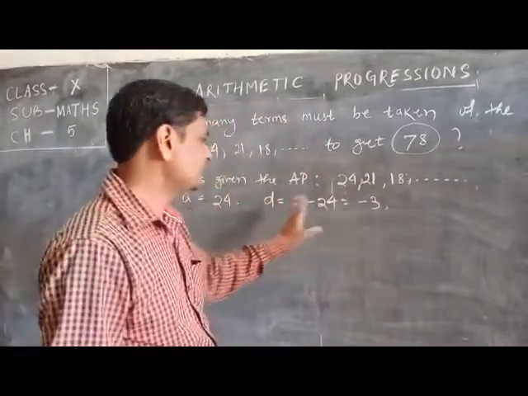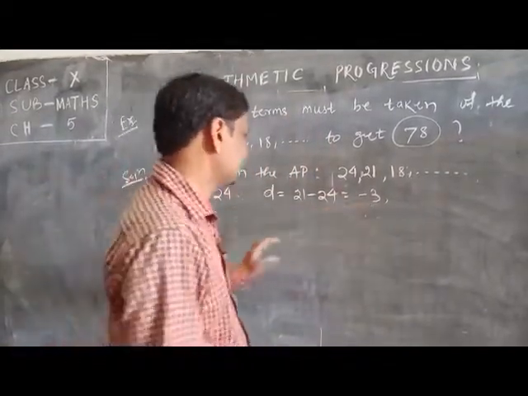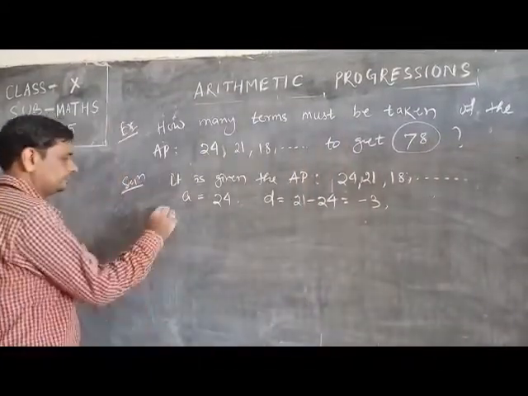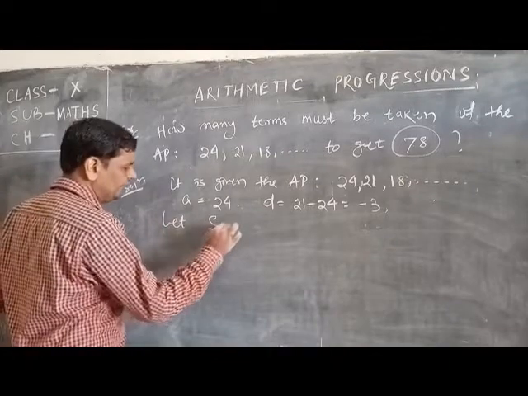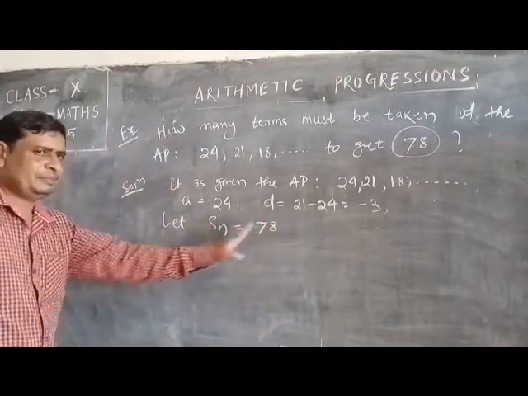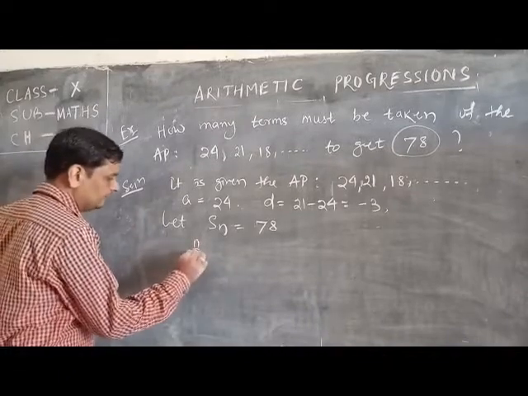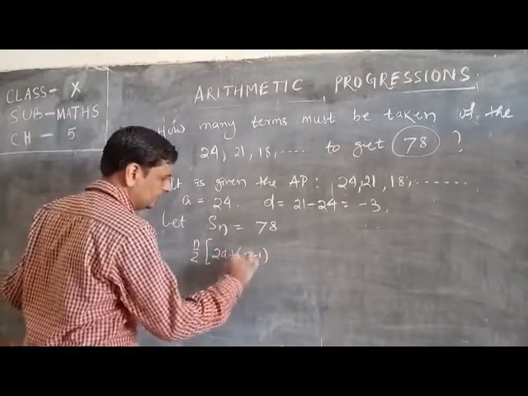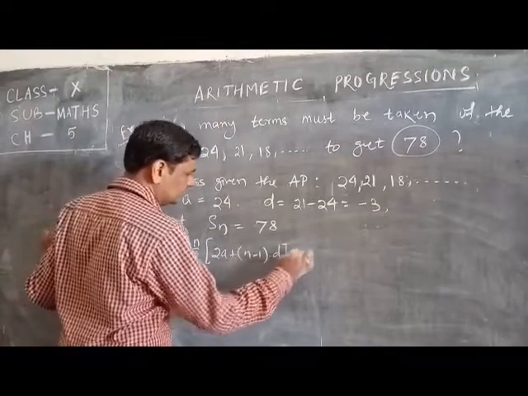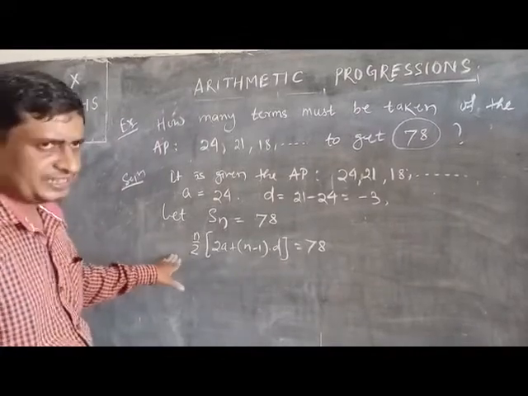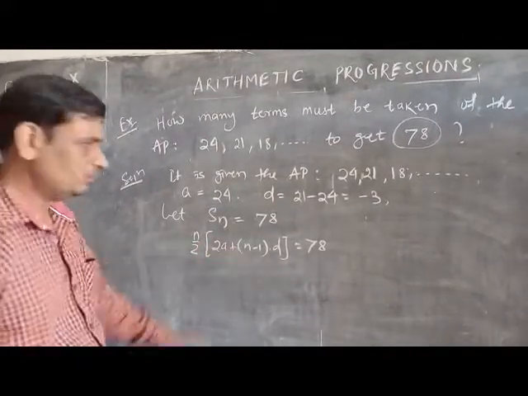So the value of d is minus 3, and Sn is given as 78. Let the sum of n terms be 78. So Sn means n by 2 into 2a plus n minus 1 into d, and this is 78. The value of n is not given here. We have to find the value of n.